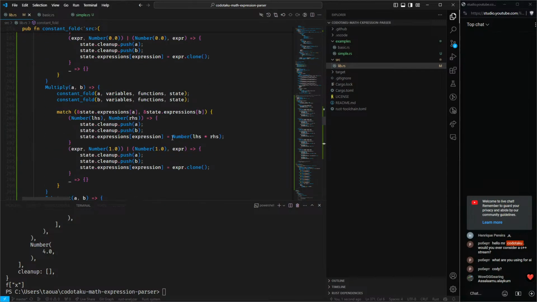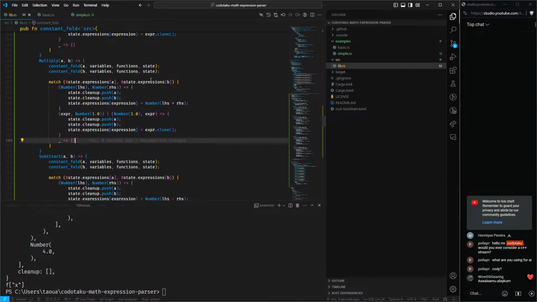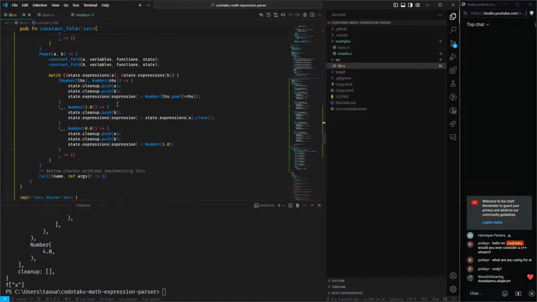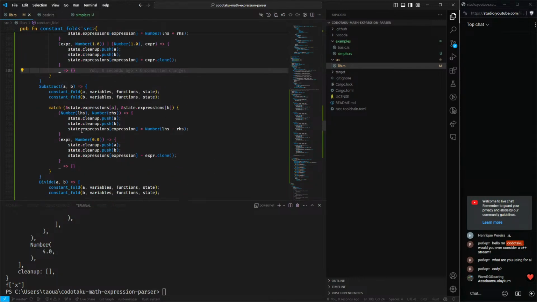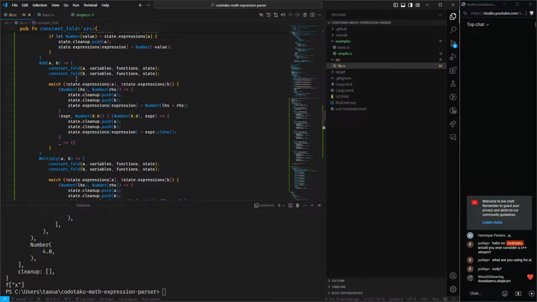Maybe there is a lot more that you could do, actually. You could go as much as you want, but of course you would keep on adding more code. So for example, let's say in add, okay?